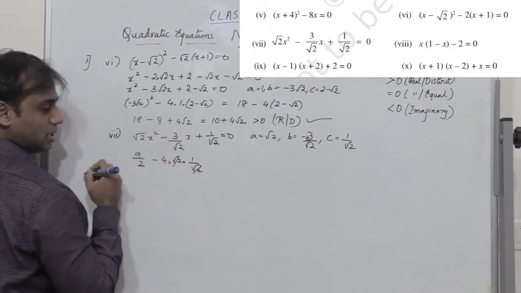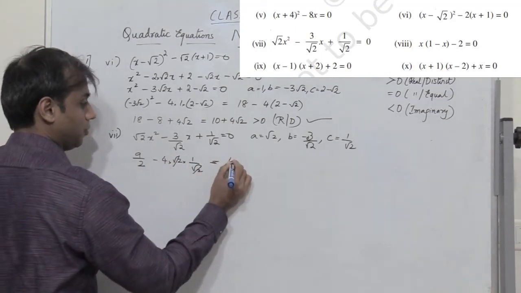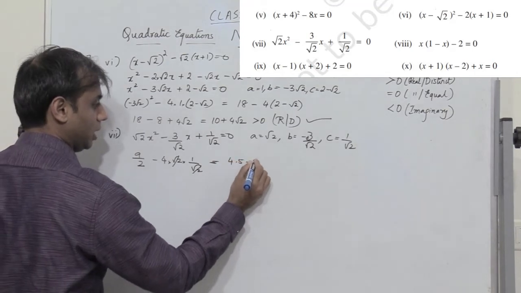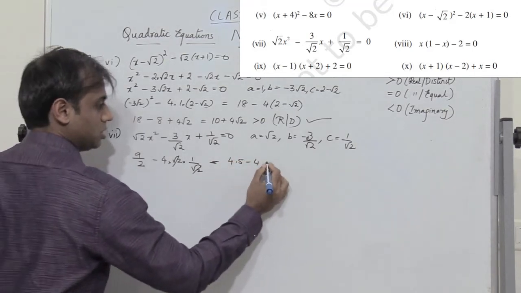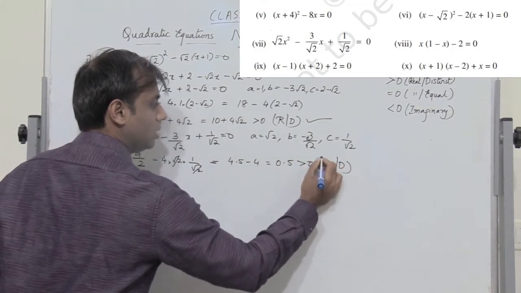So root 2 gets cancelled. So 9 by 2, what is 9 by 2? It is 4.5 minus 4, which is 0.5, which is again greater than 0. So the roots are real and distinct.